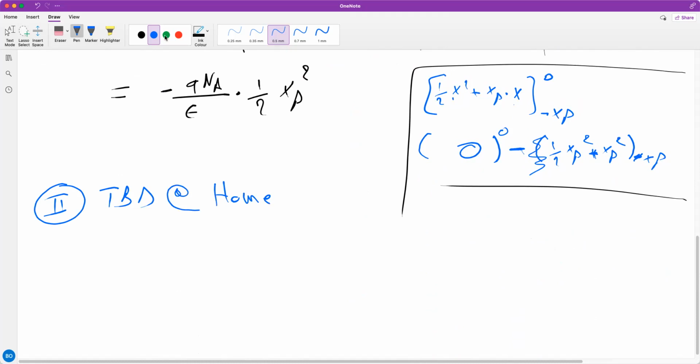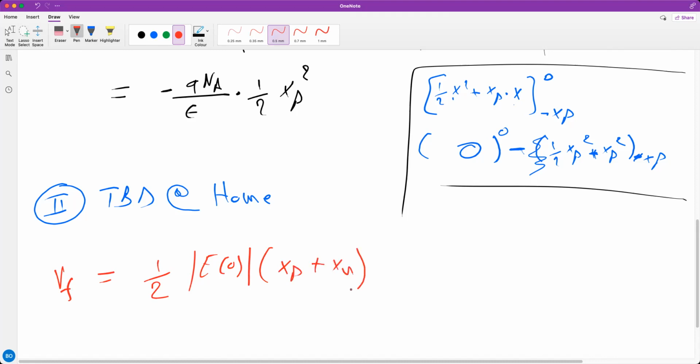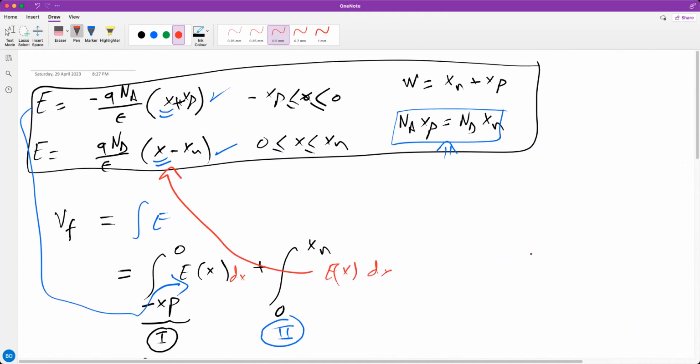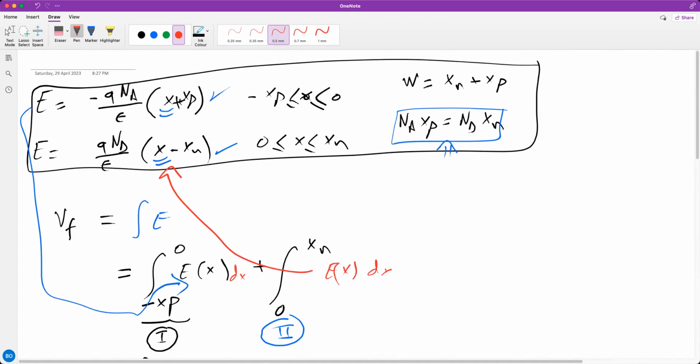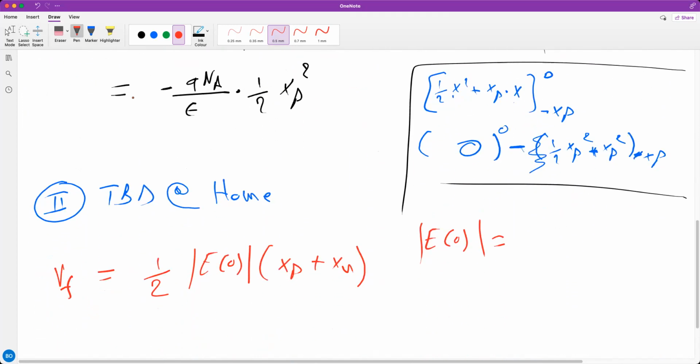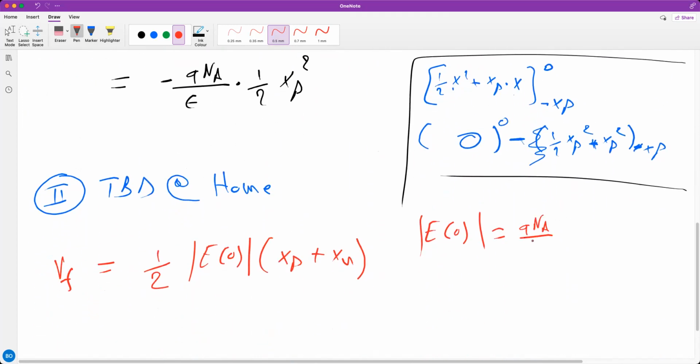Then you will obtain the famous VF, the built-in potential, which will be 1/2 times the absolute value of E0 times (xp plus xn). Now, what is E0? The absolute value of E0, when you replace x by 0 here, will be qNA over epsilon times xp.